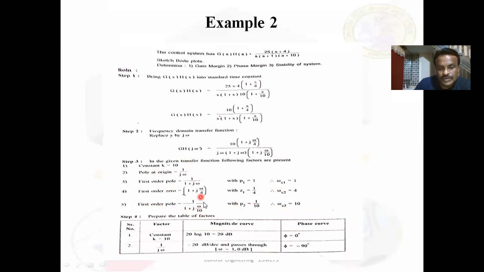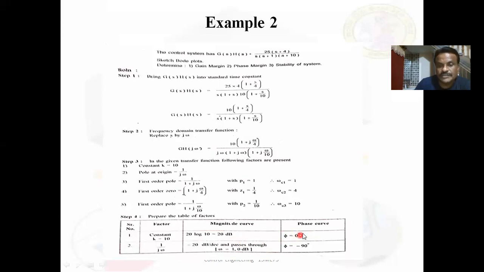Once you identify the factors of the open loop transfer function, the fourth step is to prepare a table of factors. In that table we have a magnitude curve and a phase curve. For constant K, we have to convert into decibels: 20 log 10, which is equal to 20 decibel, whereas the phase angle is 0.